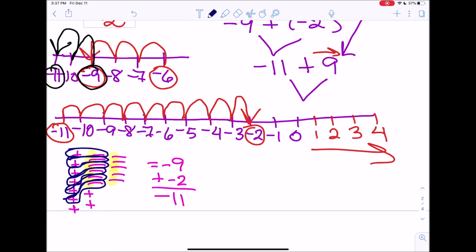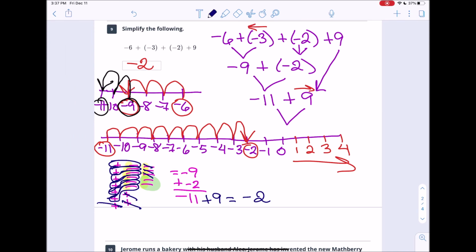Okay, so this one will go with this one, this one will go with this one, and this one will go with this one, and I'm left with exactly -2. Let me go ahead and highlight it in green. That's what I have left. So -11 plus 9 positives gives us -2. Remember, there's always more than one way to do everything. You just got to figure out what works for you.